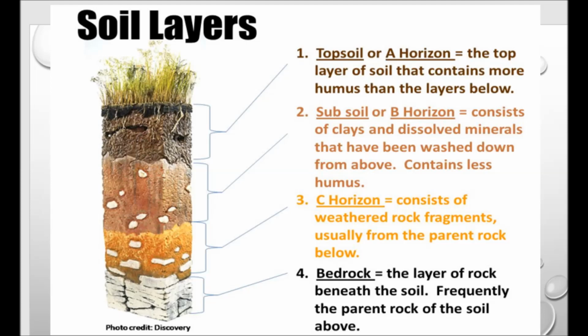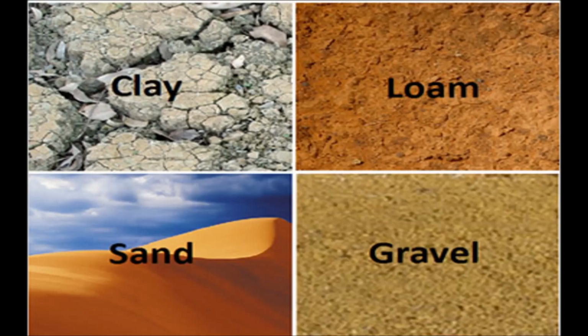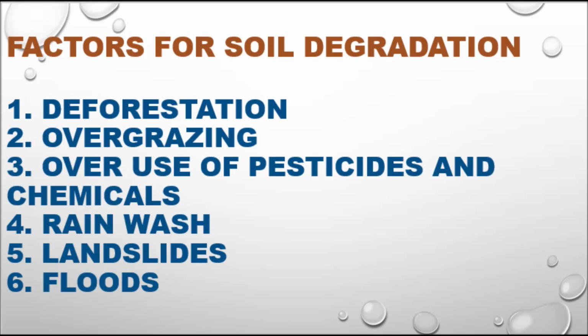Soil erosion and depletion are the major threats to soil as a resource. Both human and natural factors can lead to degradation of soils. Factors which lead to soil degradation are deforestation, overgrazing, overuse of chemical fertilizers or pesticides, rainwash, landslides, and floods.